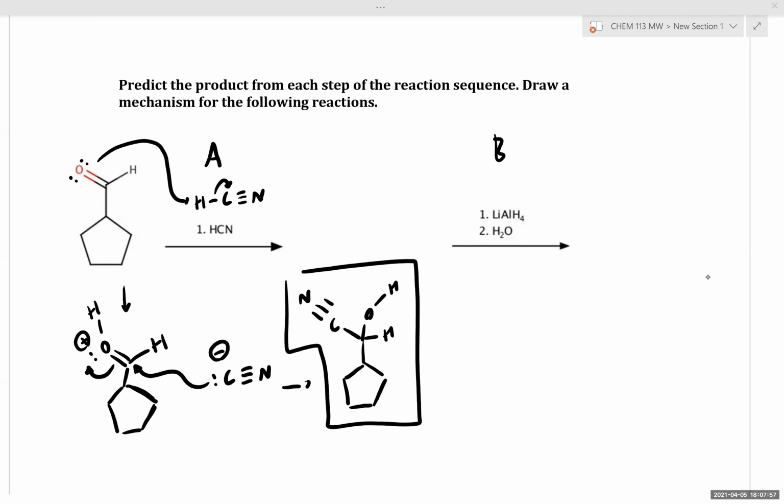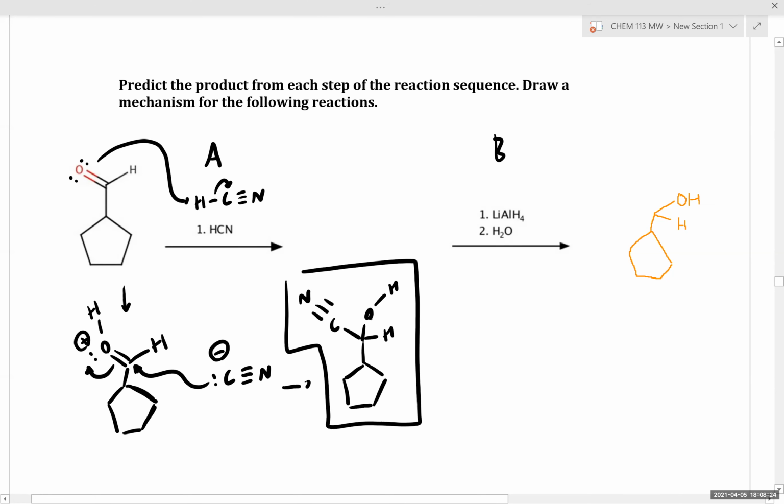And what functionality can be reduced in this cyanohydrin? So when we have someone drawing out the structure. This nitrile is pretty reactive to hydrolysis, reduction, and even nucleophilic addition, such as that with Grignards, though you'd have to protect the alcohol first.